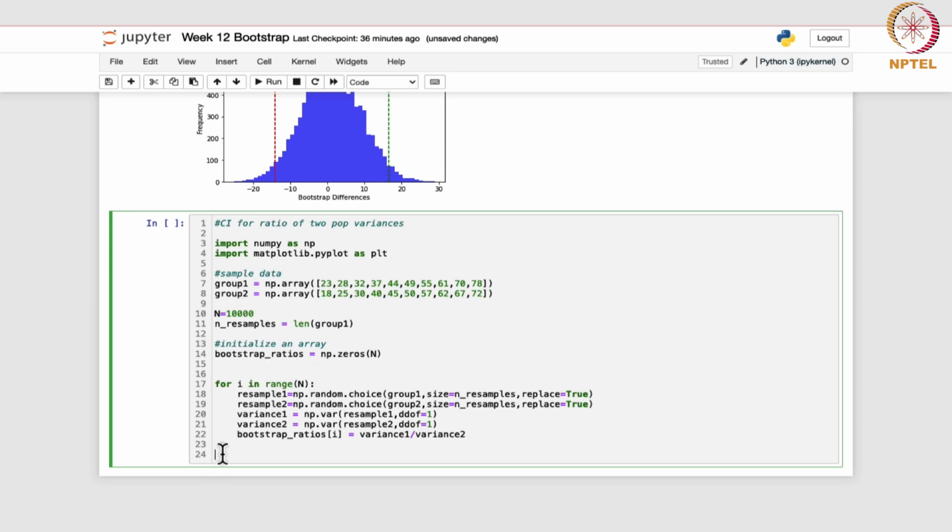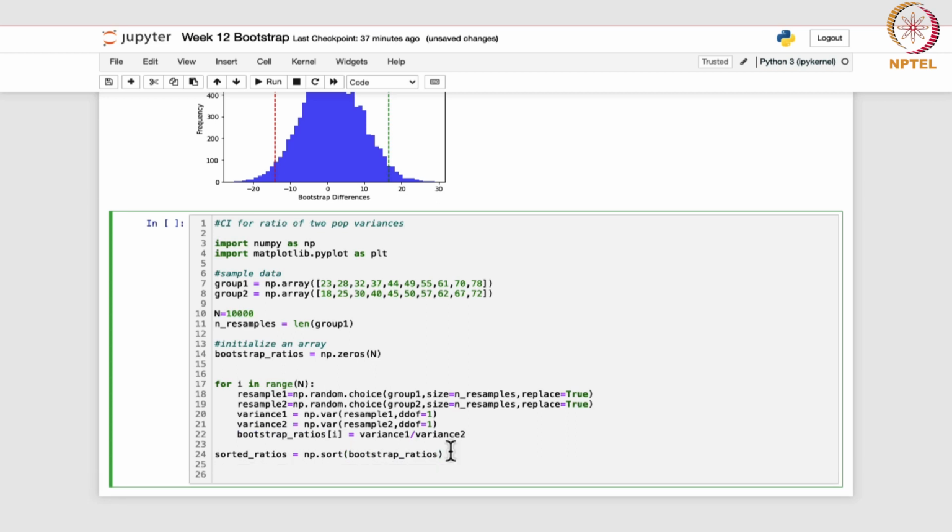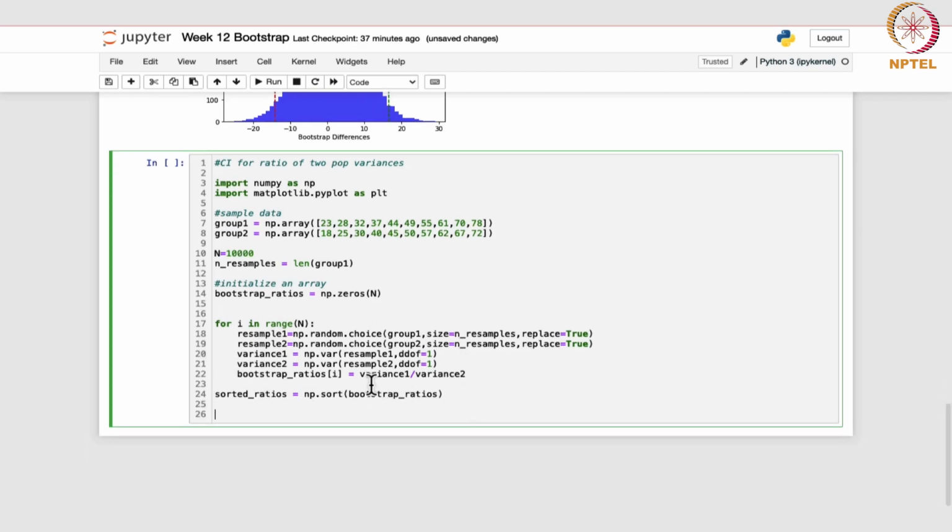Once you have obtained this, you have obtained an array of these bootstrap ratios. We can sort them in ascending order. Sorted ratios would be obtained using the np.sort function, and here we will just use the bootstrap ratios. Then again you can find the lower and the upper bound.